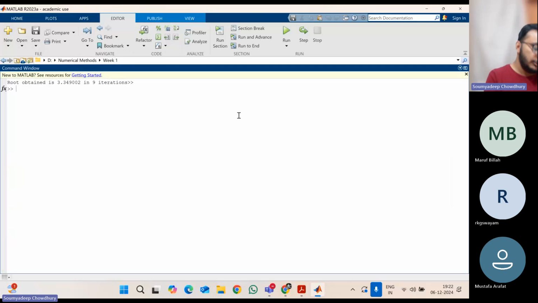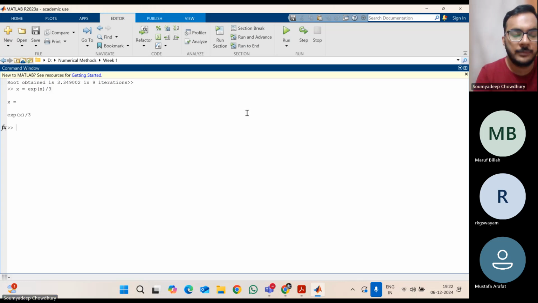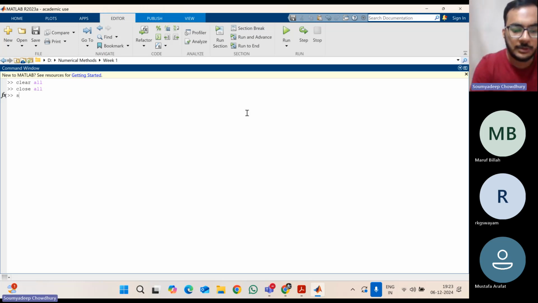So what we want to do is we have x equals e power x by 3, right? Clear everything first. We are taking some x1.